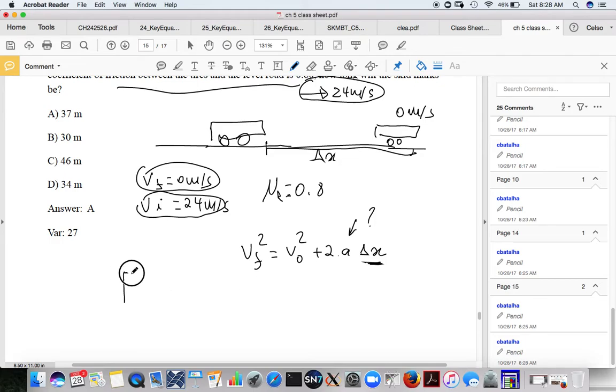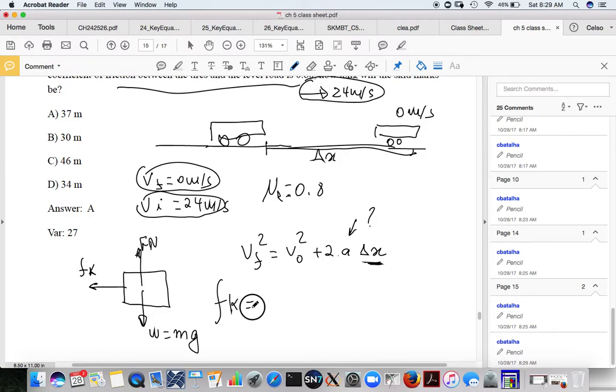When you do the free body diagram on the car, weight, normal, and the friction force, which is kinetic, that's the only thing there is. So the friction force, according to Newton's second law along the x direction, is given by mass times acceleration.